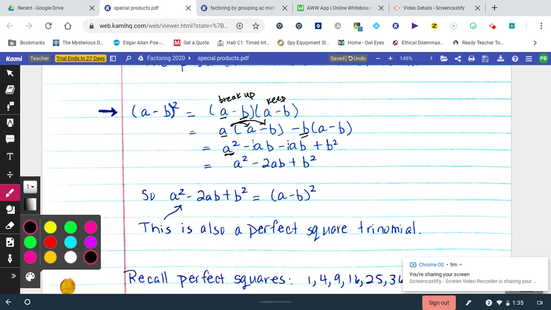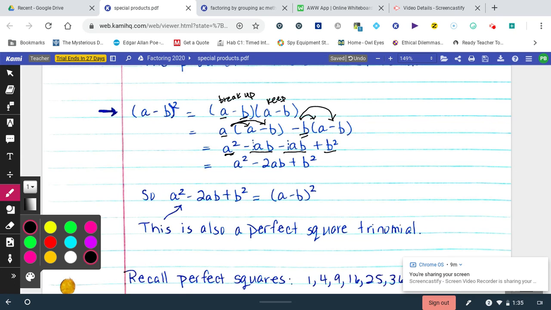A times negative B is negative AB, but notice I put an imaginary 1 in front of that negative AB. Negative B times A is negative 1AB. I put mine in order. I don't say BA, I say AB. And then negative B times negative B is positive B squared.